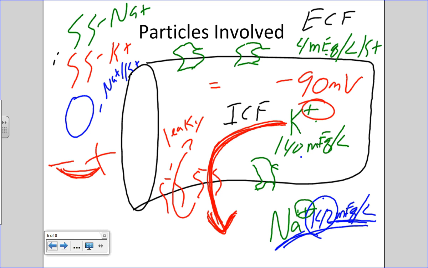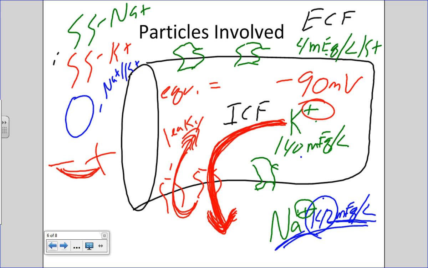Now, what's eventually going to happen is you're going to reach an equilibrium. You reach equilibrium when the pushing force of diffusion and the pulling force of the opposing charges equal each other out. When that happens, there will be no net movement of potassium across the cell membrane, meaning an equal amount of potassium diffusing out and an equal amount being pulled back in.